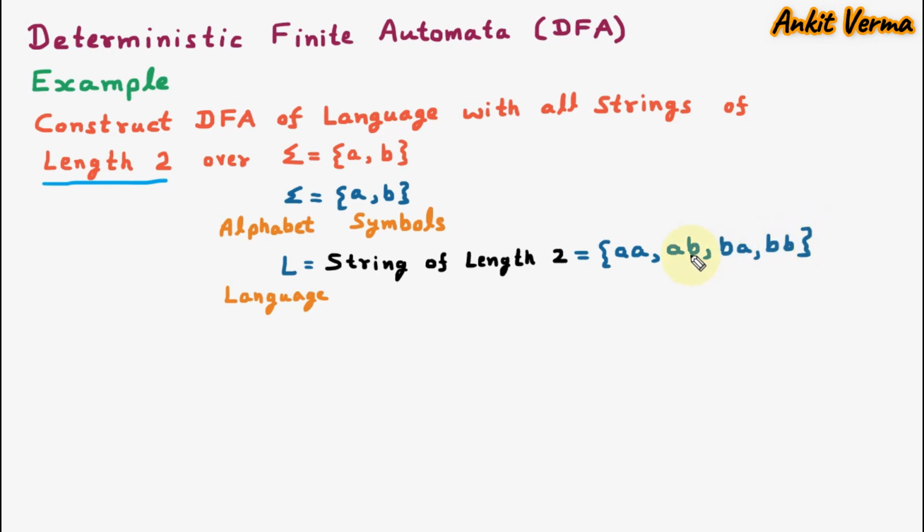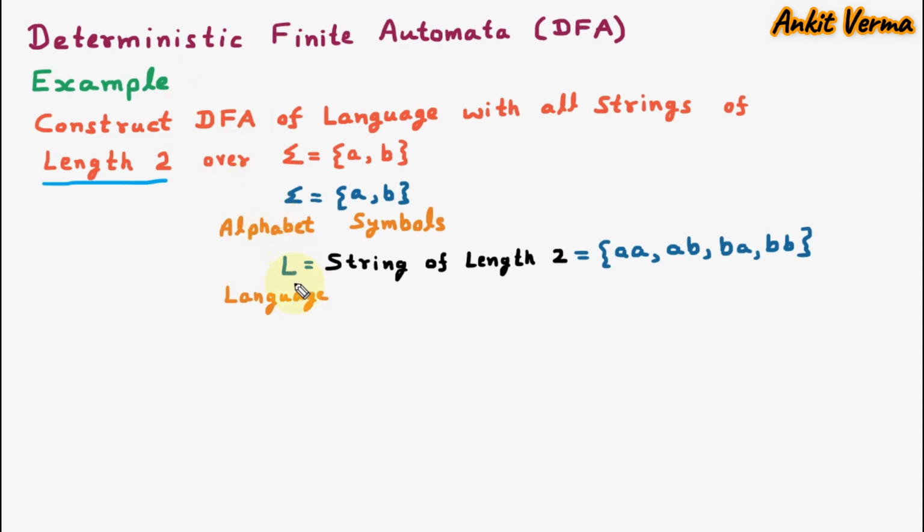So there are 4 possibilities, which means the strings of length 2. These are generated from sigma equal to a comma b, and for that language we are going to generate the DFA.